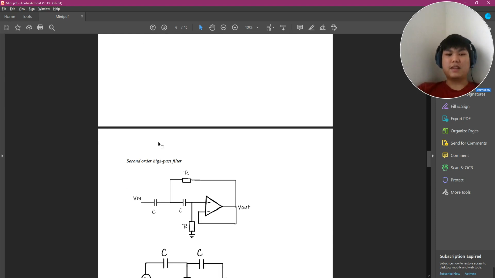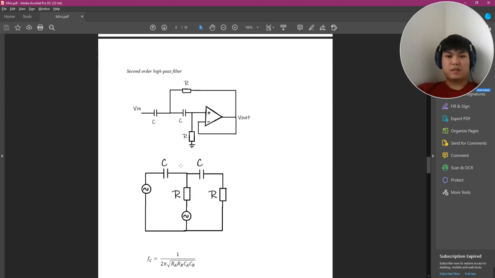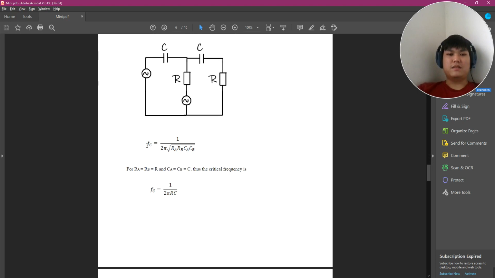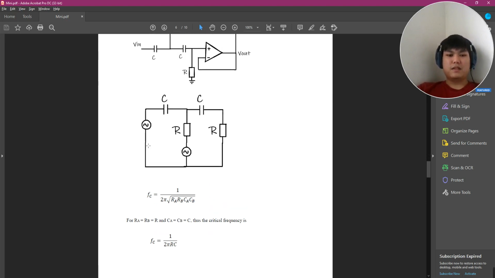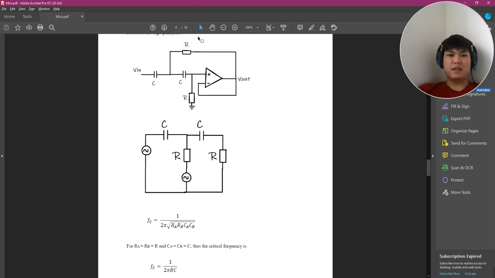In the case of the second order, there are two sets: capacitor and resistor here, and another capacitor and resistor there. The critical frequency formula is 1 over 2 pi square root of RA, RB, CA, CB, with the first set A and B.